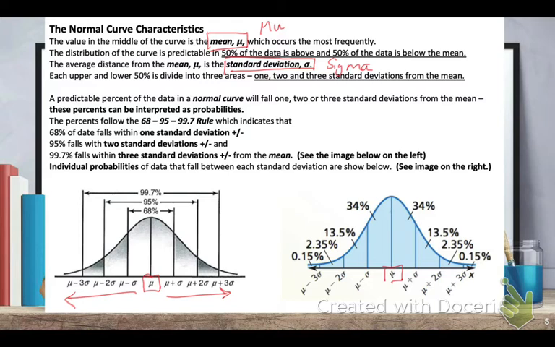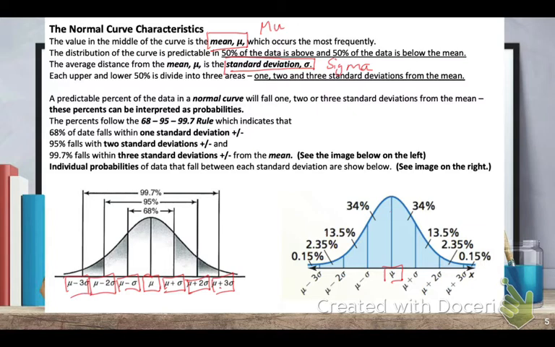So look down at the data display again, and we can now see that we have right in the middle that mean score, that mu, and then the next mark would indicate 1 step away, or 1 standard deviation. So that's why it says mu, or mean, plus sigma, and then mean plus 2 standard deviations, and mean plus 3. And then we can go 1 step in the negative direction, 1 away, 2 away, and 3 away.